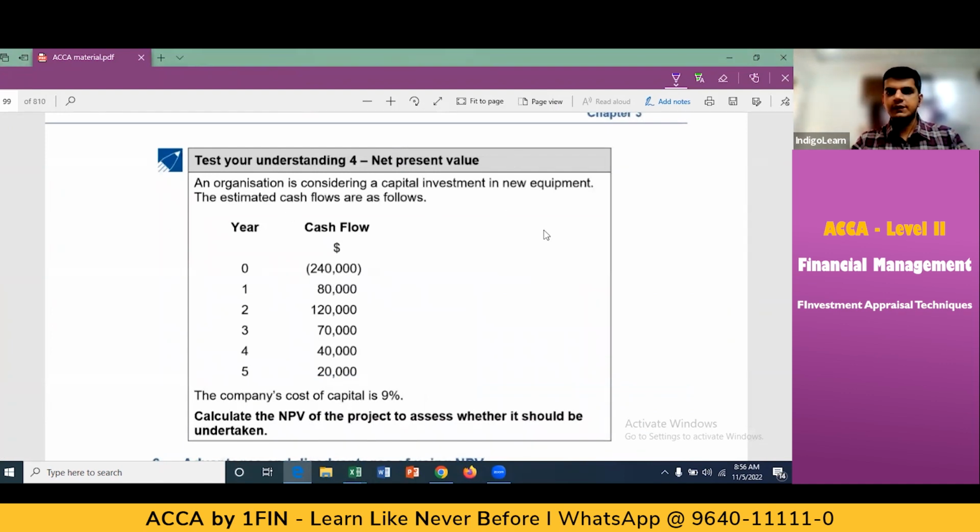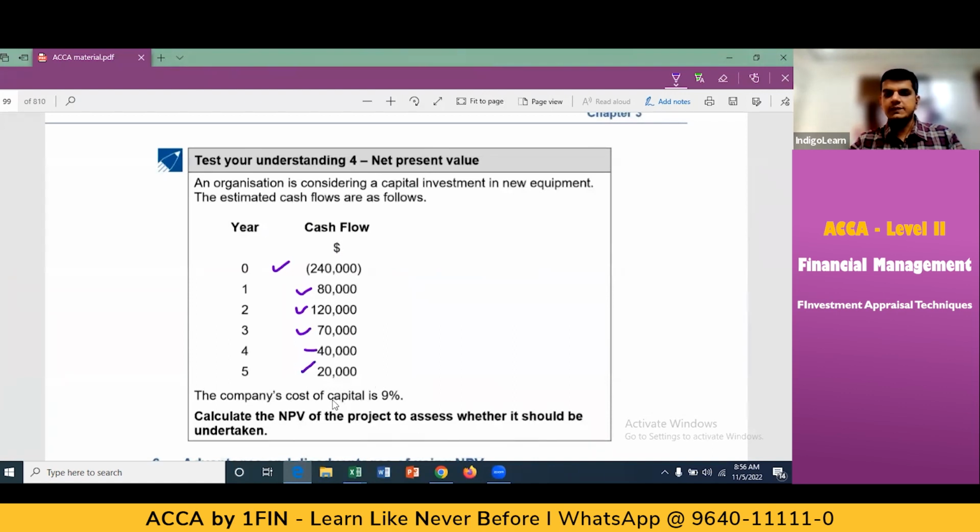Okay. So we'll just solve it. So year 3, we'll just see this example. Cash flows. Year 0, we'll just invest 2,40,000. Then year 1, 80,000. Year 2, 1,20,000. Year 3, 70,000. Year 4, 40,000. Then 20,000.